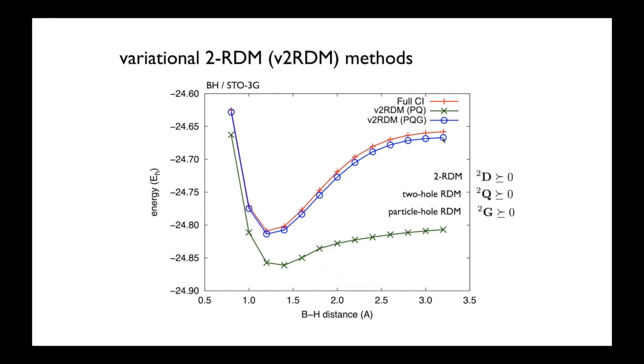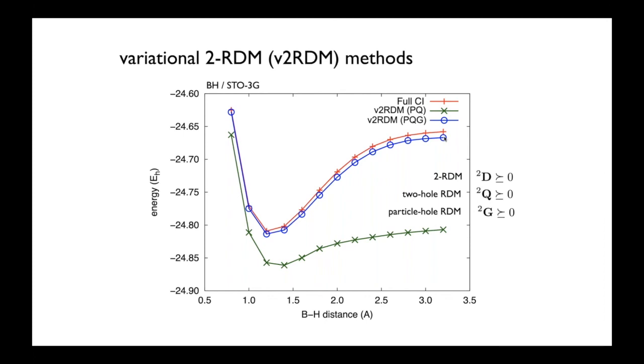That's because RDM methods tend to dissociate heteronuclear diatomics into fractionally charged species. You're going to have some fraction of an extra electron on your boron in this case, rather than neutral boron and neutral hydrogen. And that's why that lowers the energy here compared to the full CI answer. This is related to a problem in density functional theory, the derivative discontinuity problem.